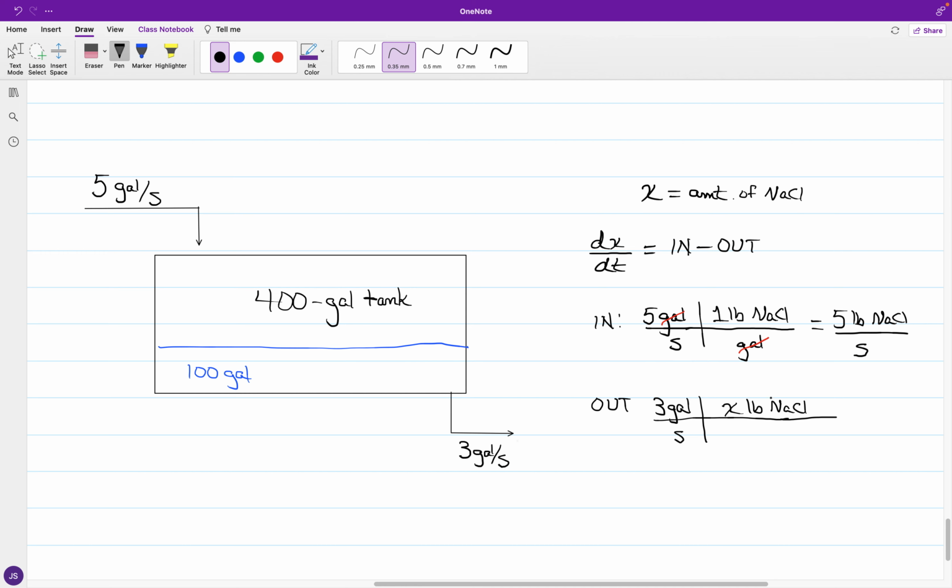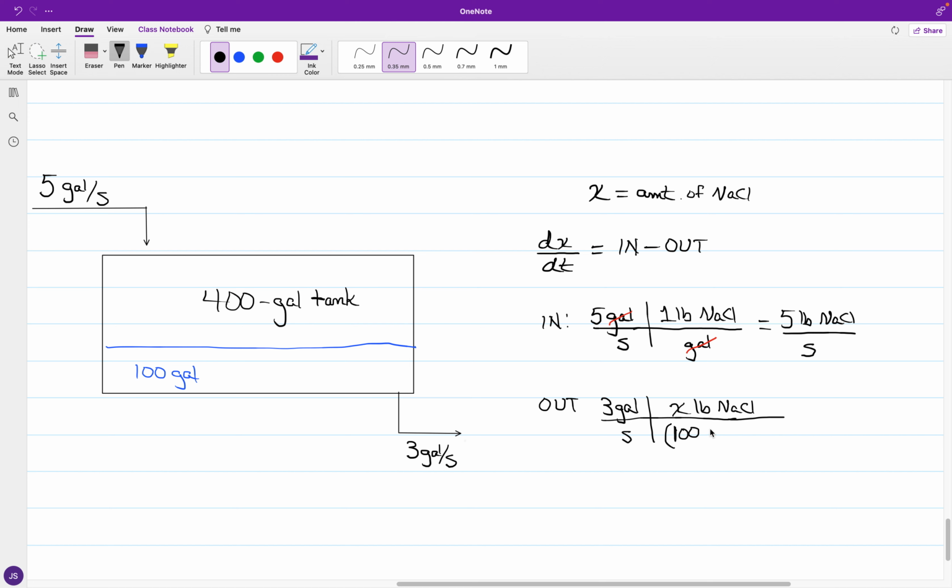Now, for what we have in terms of the volume of what is inside, I'll give you a big picture here. We're starting out with 100 gallons, and what's happening is that we're adding 5 gallons per second in minus 3 gallons per second out, times the amount of time.